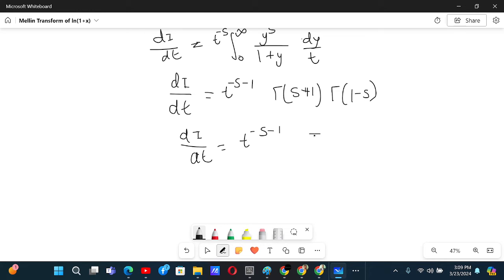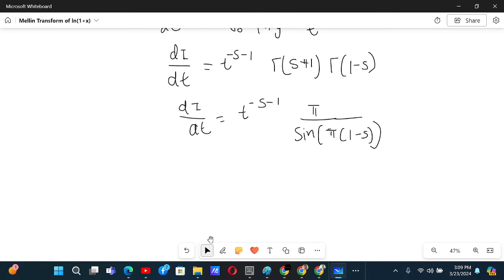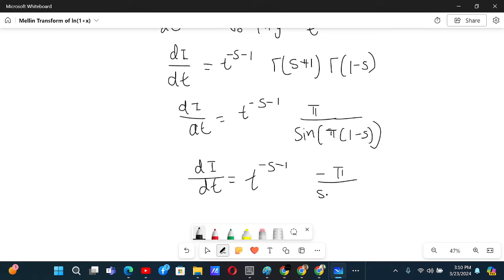pi by sine pi s, so pi by sine of pi (1 minus s). What do you get? dI by dt equals t to the power minus s minus 1, and this is minus pi by sine pi s, because of the minus sign we can take that out.